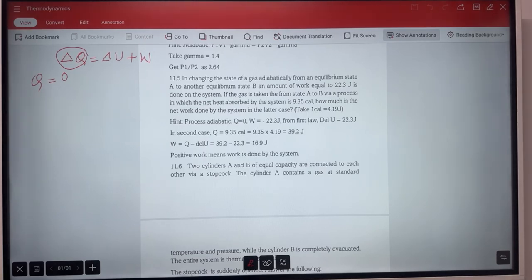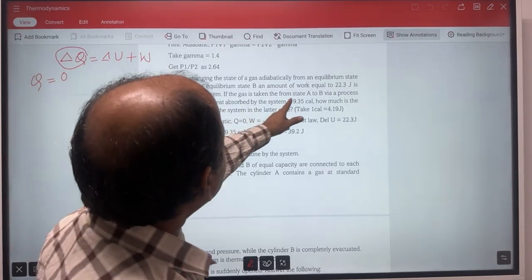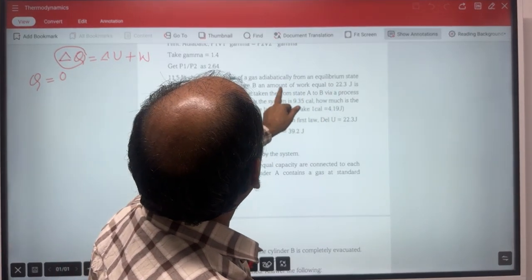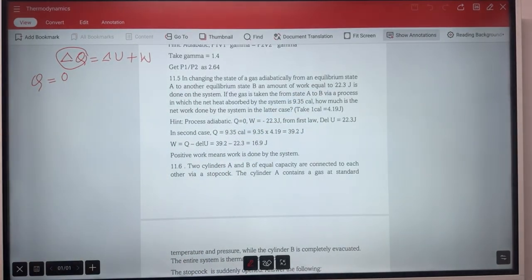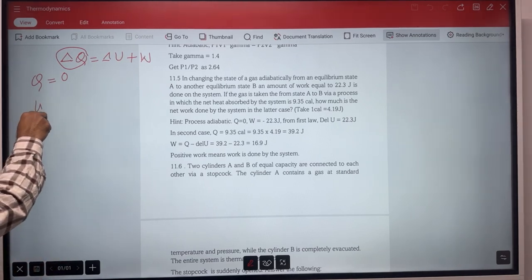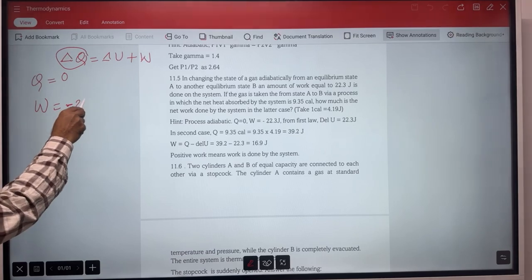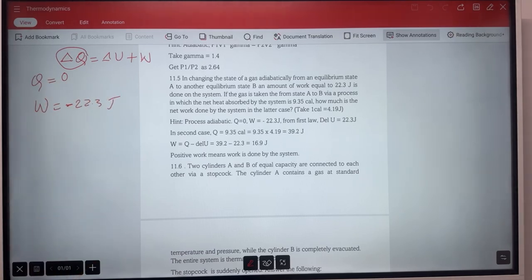So here the question is, an amount of work equal to this much is done on the system. Work done on the system is taken as negative. If you remember, I told you about the sign convention. So here work done is given as minus 22.3 joule.